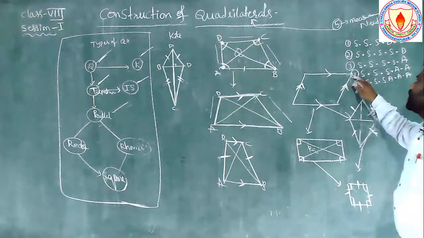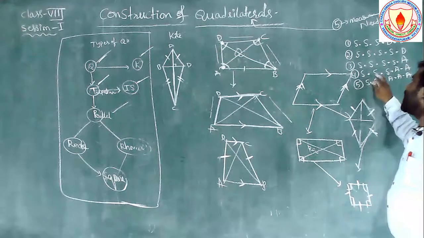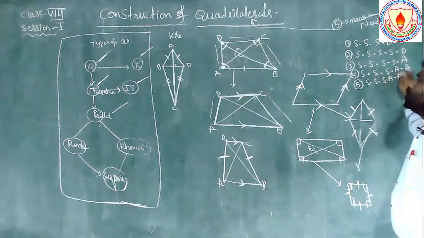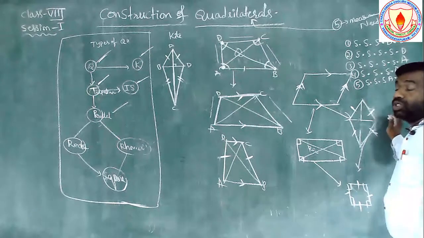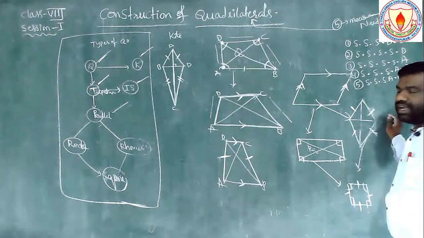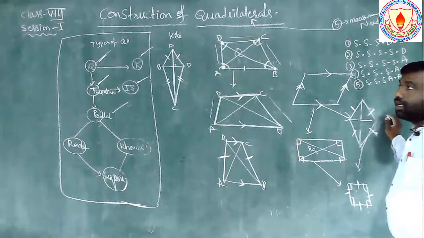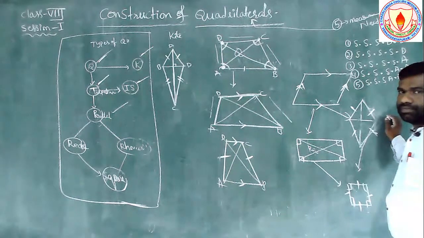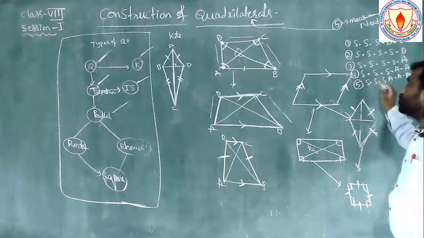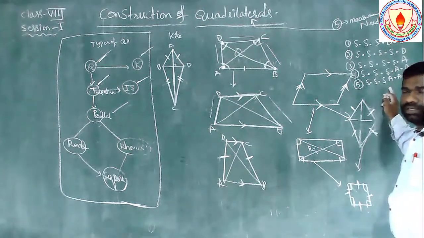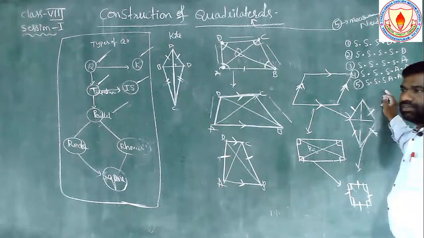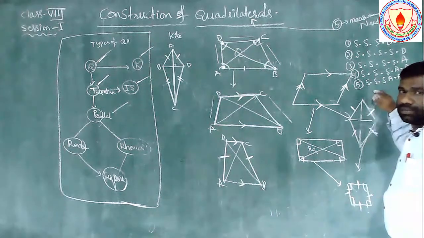Next, fourth condition: 3 sides, 2 angles. This case also we can draw the construction of the quadrilateral. Very, very important cases, and bits will be given on this topic also.